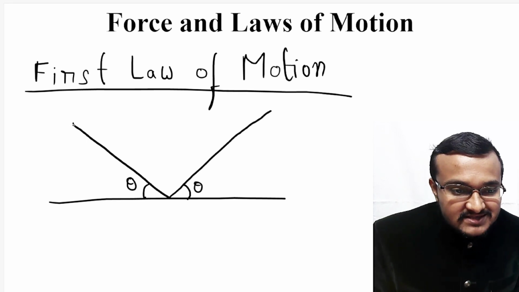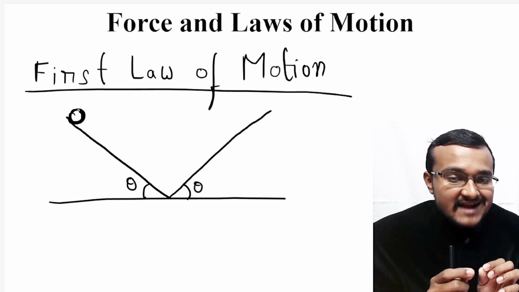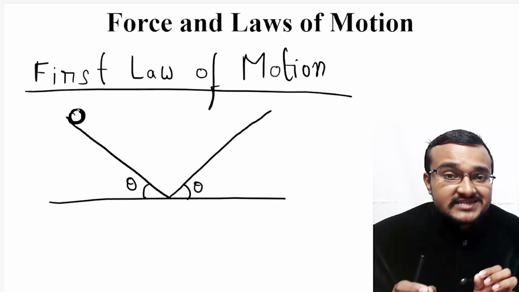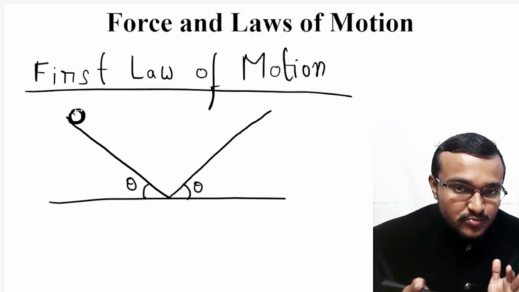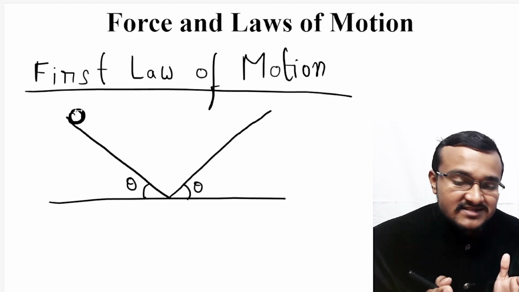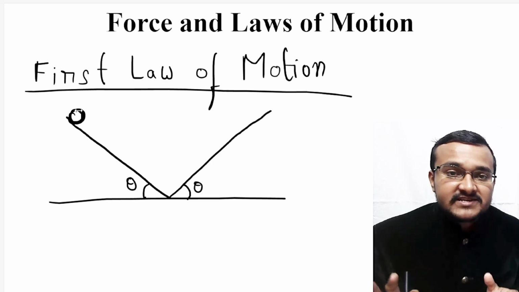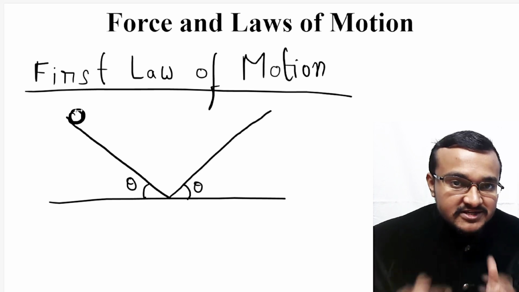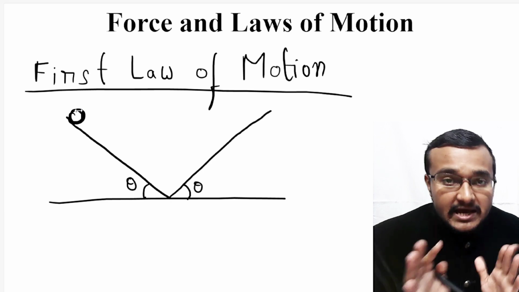Now if you release a marble from this height, assume that this surface has no friction. Ideally this is not possible, but as of now, to understand this motion, we will think that this surface doesn't have any kind of frictional force. Only gravitational force is acting on this marble.